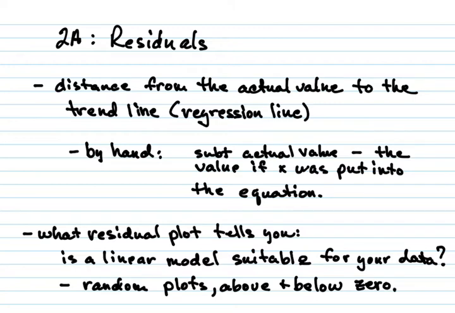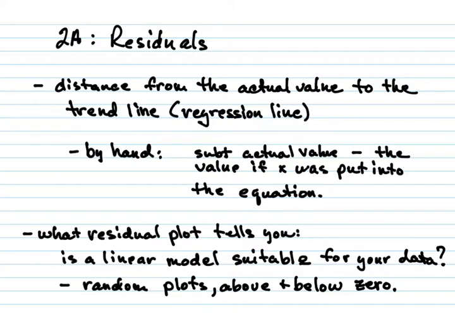If your plot looks completely random, then you can be pretty much assured that a linear model works, right? However, if you start to see any patterns, and the pattern particularly meaning a curve, if you start to see a curve and even the slightest curve, and we'll look at some examples, you are in trouble with using a linear model, all right? And so you have to reject it.